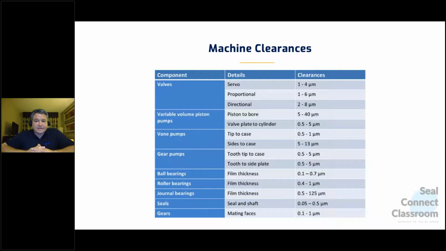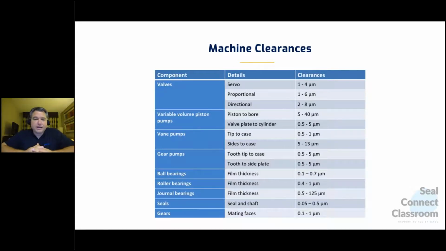Any kind of contaminants in hydraulic oils cause quick failures, but all the way down to roller bearings, gears, and journal bearings, the clearances vary, and so how we need to treat those particles changes based on the machine.